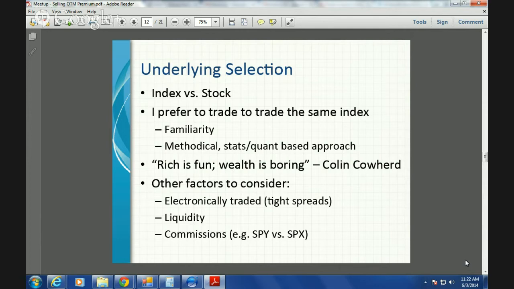So you might not know exactly what those options are trading at based on what's going on in the pit, because it's open outcry and it's not electronically traded. So if I trade the SPX, I tend to trade it with weekly trades, shorter duration weeklies, because the weeklies are traded electronically, whereas the monthlies are traded open outcry. So unless I'm trading at the money, I tend to not trade the SPX. I just don't want to trade it far out of the money.